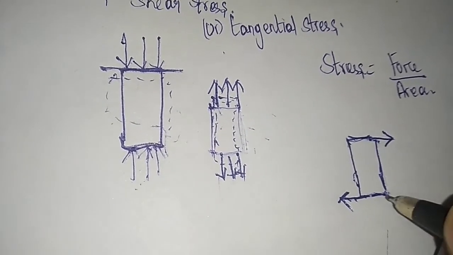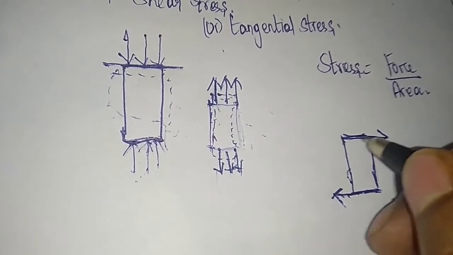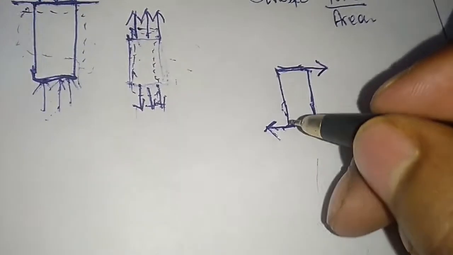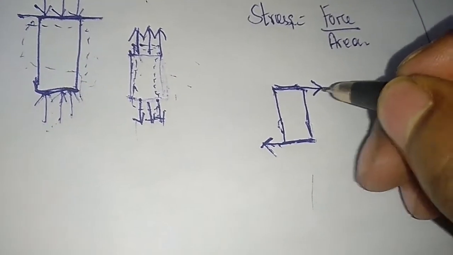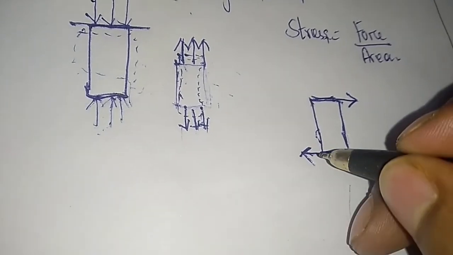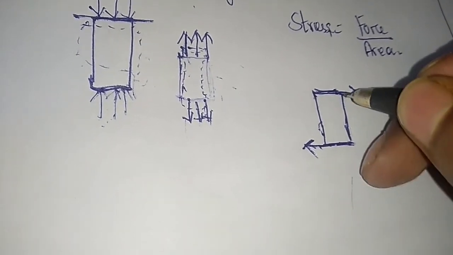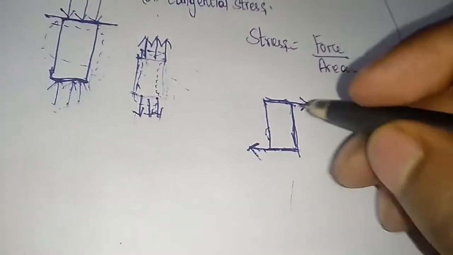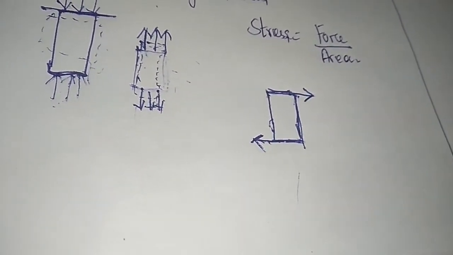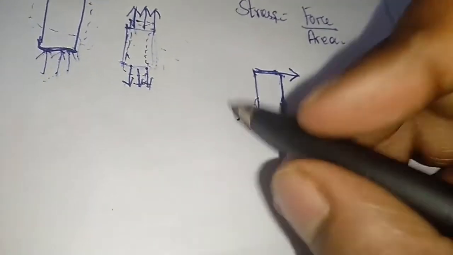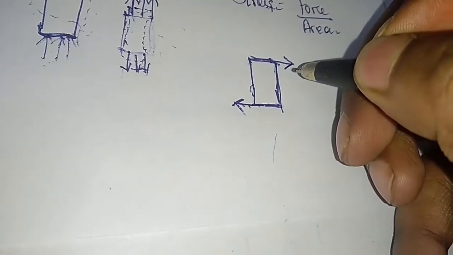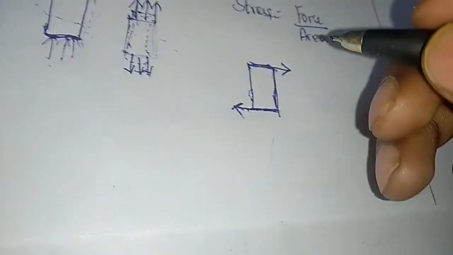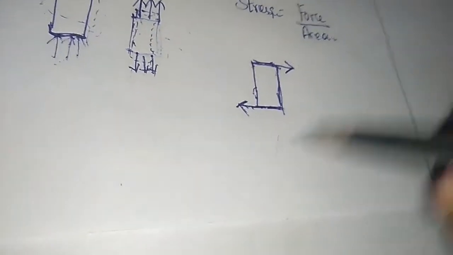See, it is parallel. This is the surface of the beam, so it is acting parallel to the surface of the beam. And what will happen if this force is pulling horizontally in this direction, and the other force is pulling the other side in the opposite direction?